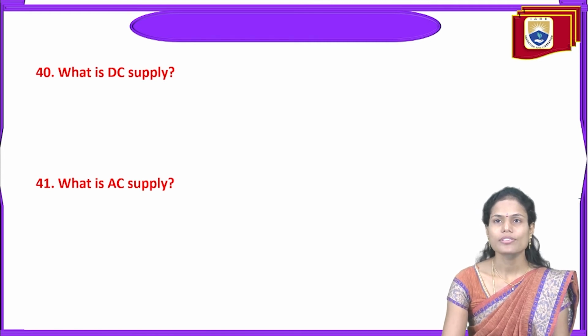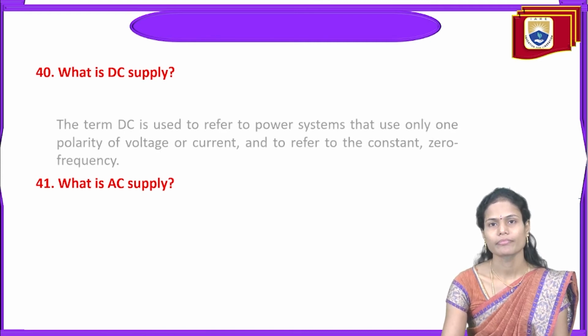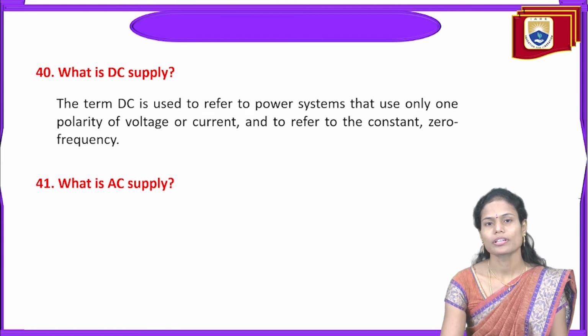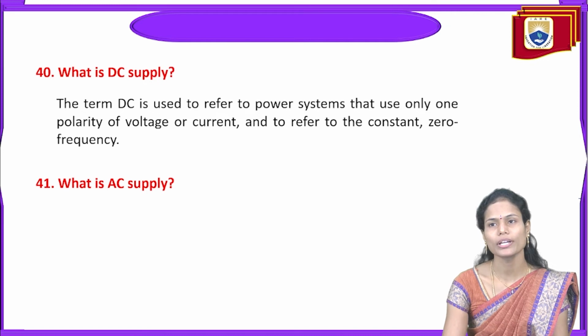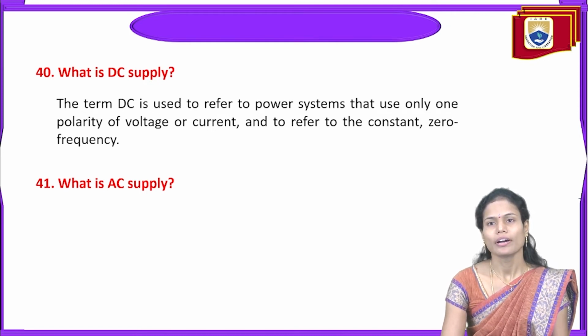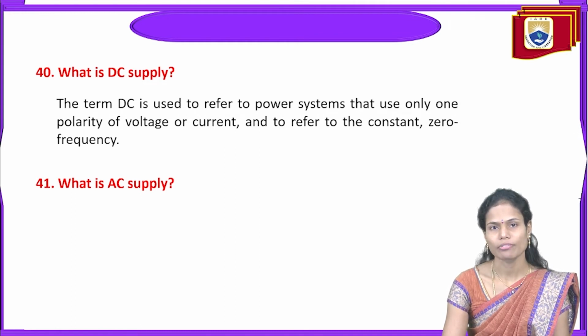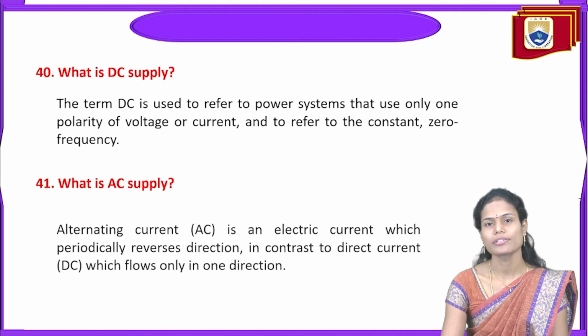And next, what is DC supply? So DC is nothing but direct current. It refers to a power system that uses only one polarity of voltage or current, and to refer to constant or zero frequency is called the DC supply. And what is meant by AC supply?